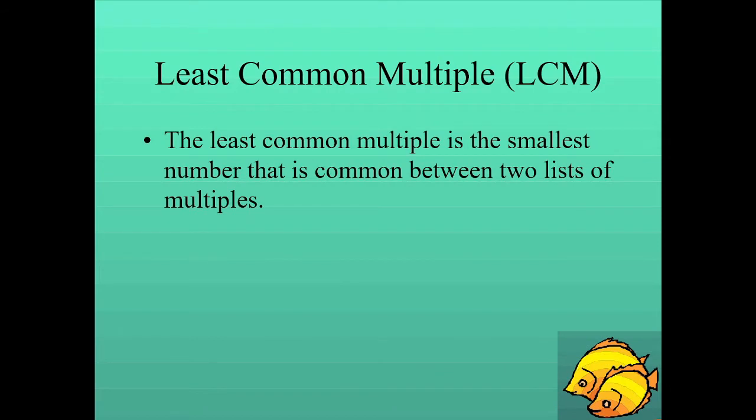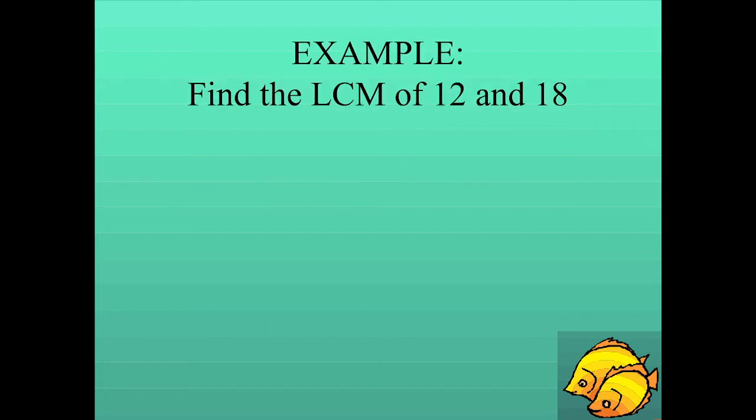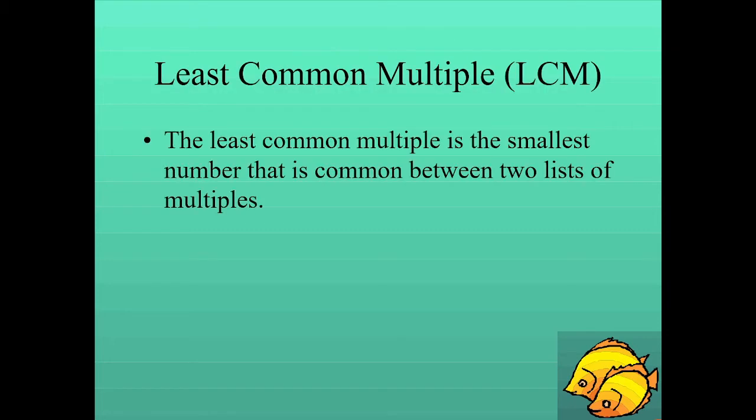An LCM is a least common multiple, the smallest number that is common between two lists of multiples. So when I say multiples, what do you mean by multiples, by the way?